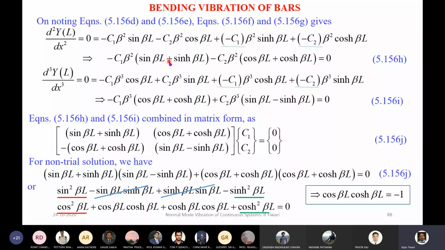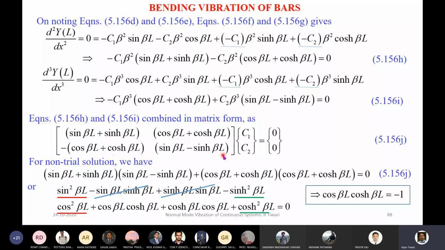Minus is also common, so that can cancel. So the first equation is representing this equation, and the second equation is representing this. Beta cube is in both terms, so they will get cancelled. So now this is a homogeneous equation.